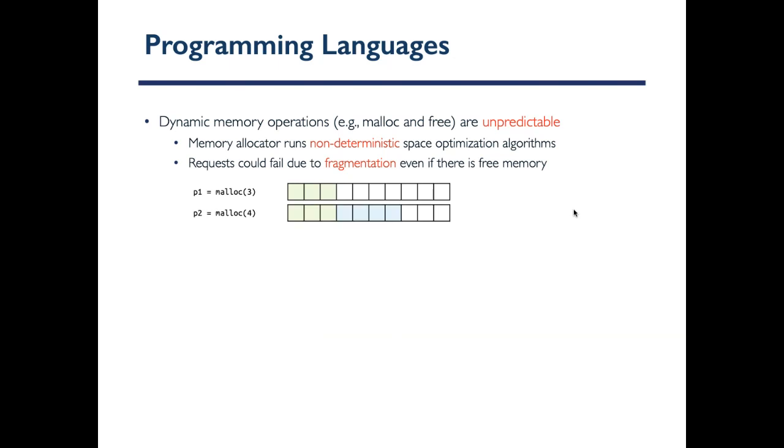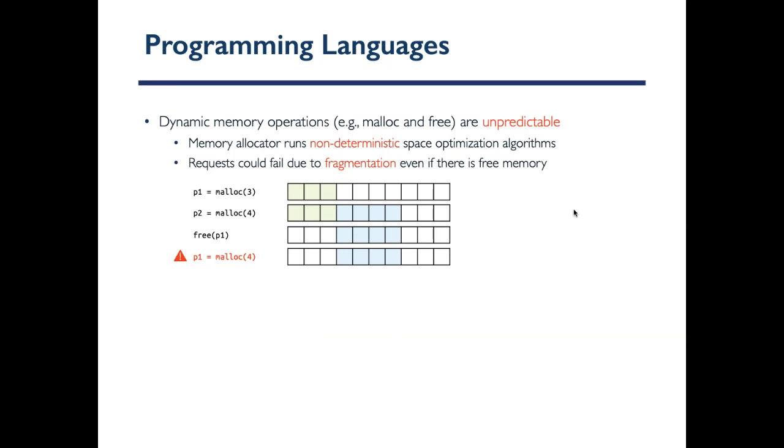Then let's say you do another malloc in your application, and you request for 4 extra blocks. And again, we're lucky, we can just get it right away after that 3 allocated ones. Then let's say you free P1. So now P1 is freed. That memory is now available.